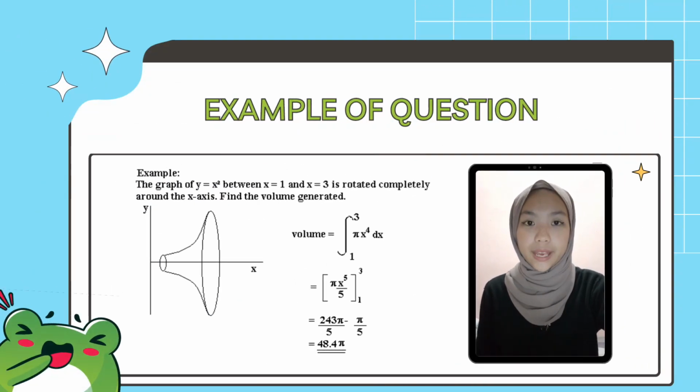So this is one example question about integration to find volume. Before answering this question, I'm going to explain briefly what we are actually looking for. As you can see in this figure, this shape is produced by taking a function and rotating it in a third spatial dimension around the x-axis.